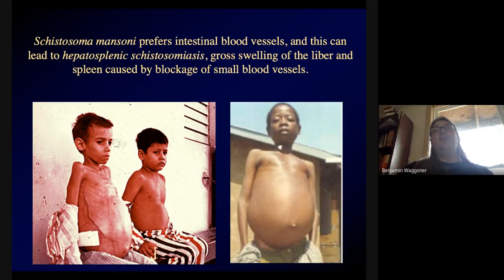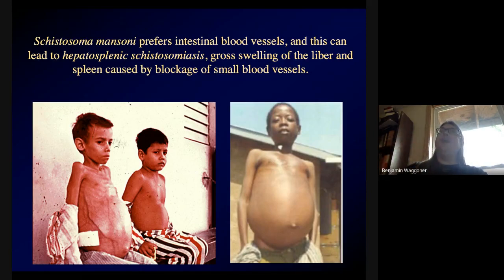And at its worst, this can lead to something called hepatosplenic schistosomiasis, where blockage of small blood vessels causes gross swelling of the liver and spleen. That's liver, not liber. That's a typo on my part. And here you've got a couple of children with badly swollen livers, causing the entire abdomen to swell up as a consequence of hepatosplenic schistosomiasis. Another good reason to avoid this.